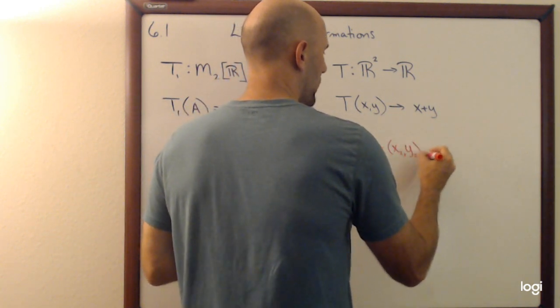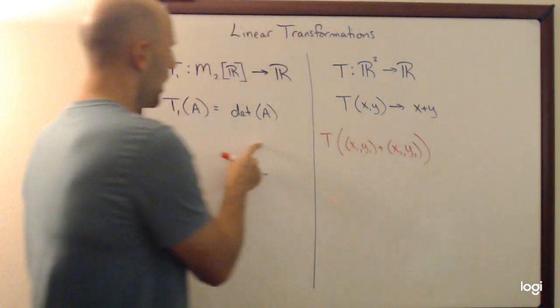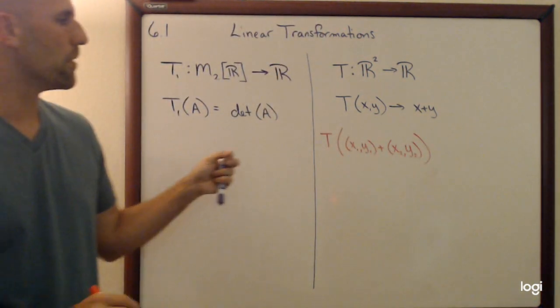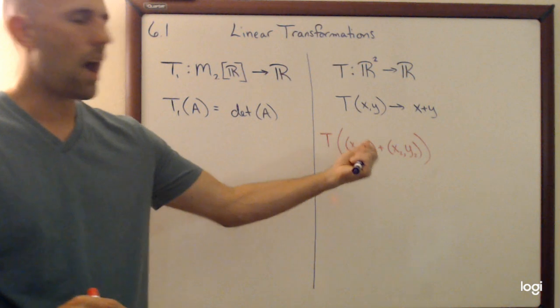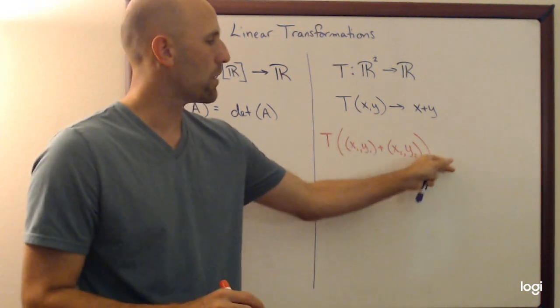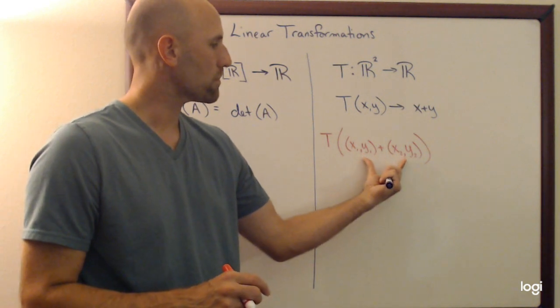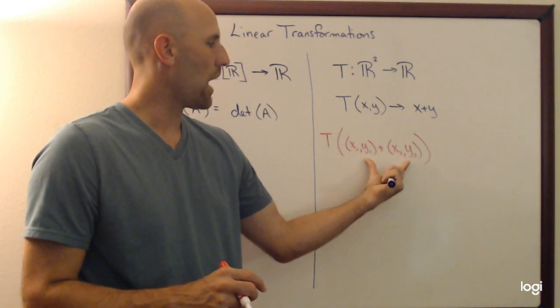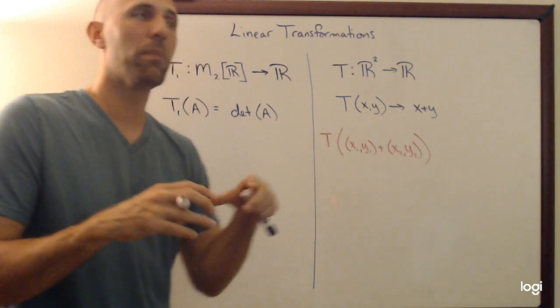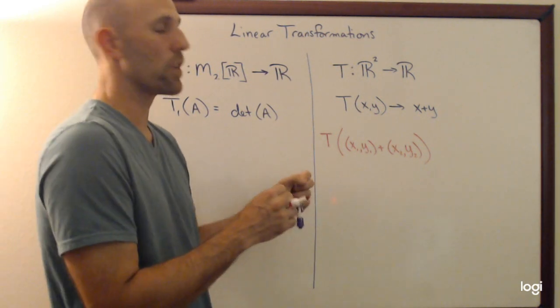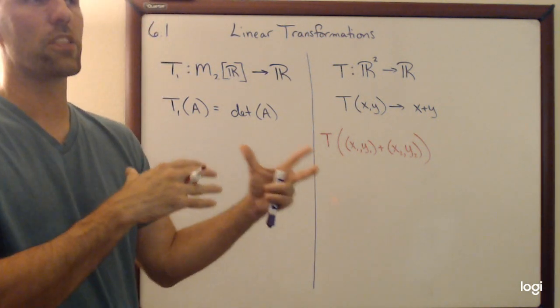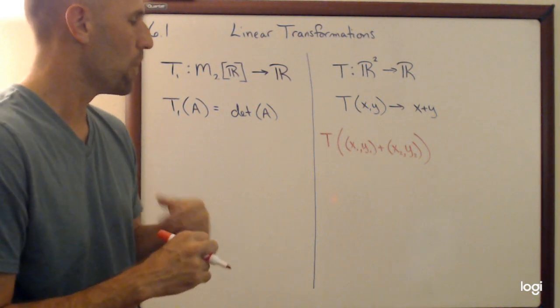Now remember the example that I did first over here, right? This property, I'm curious to know whether or not if I apply the transformation to these things after I add them, would it be the same if I applied the transformation to them first and then added the results afterwards, right? Well, let's see.